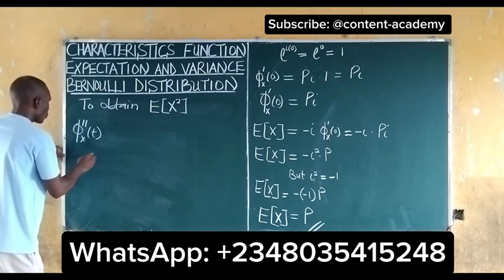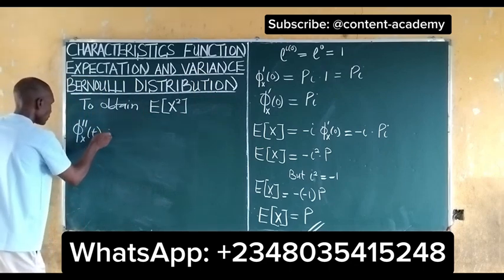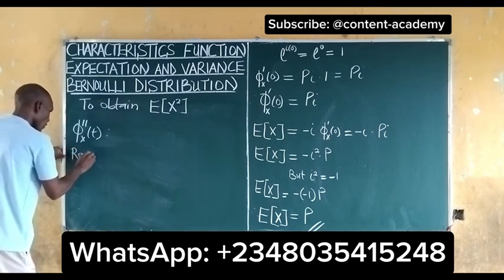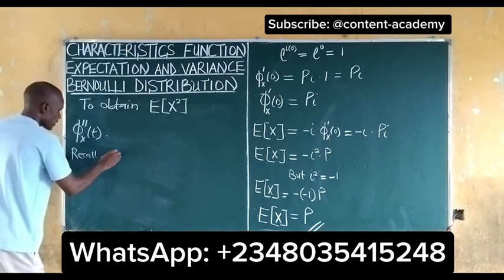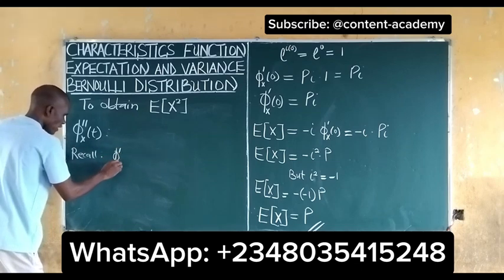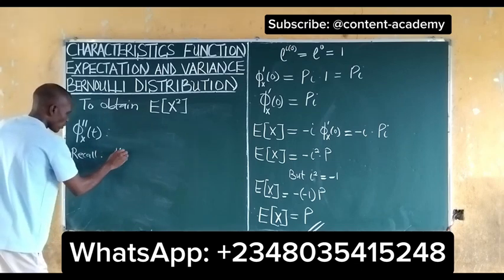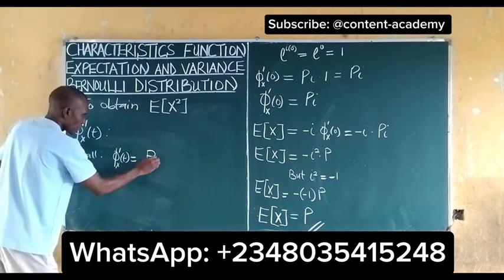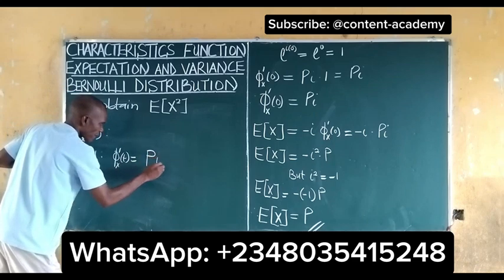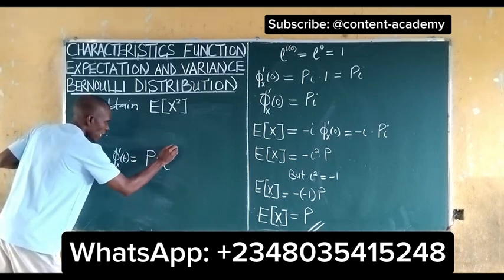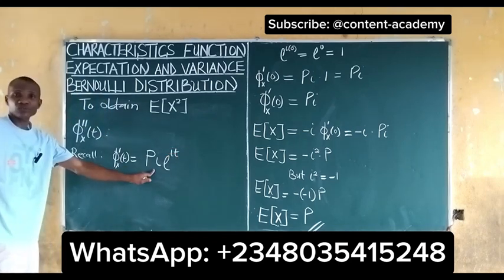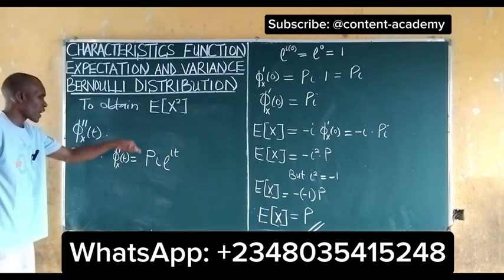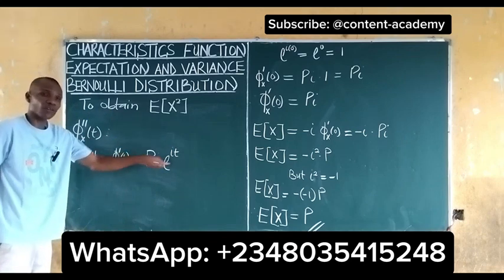Recall that the first derivative for our characteristic function at t is p i e^(it). This is what we got. So what we'll do now is to differentiate this a second time.